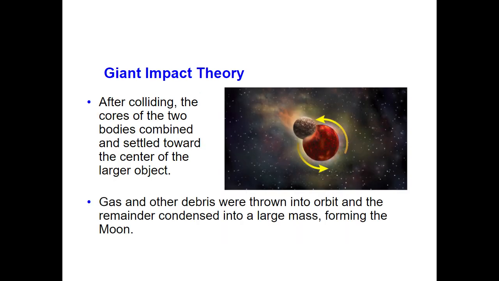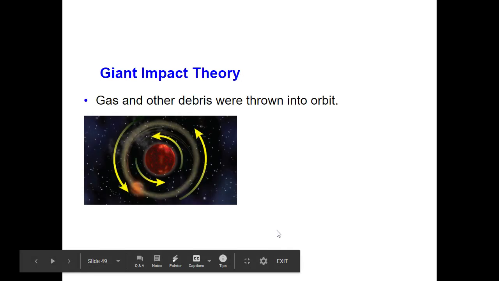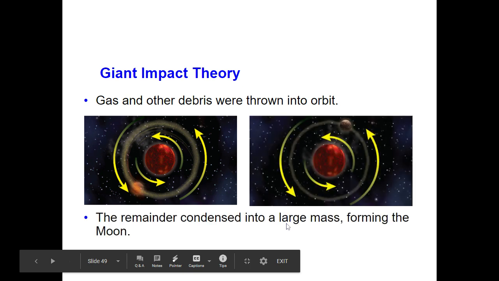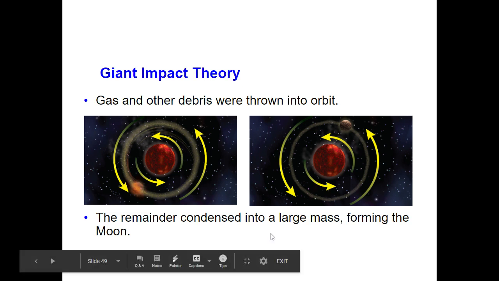After colliding, the cores of the two bodies combined and settled towards the center of the larger object, pushing the debris out from this collision and forming, with the gases, the moon. Gas and other debris were thrown into orbit, and gradually they turned into a solid mass. As they rotate around the Earth, they form the same way the Earth does as well.